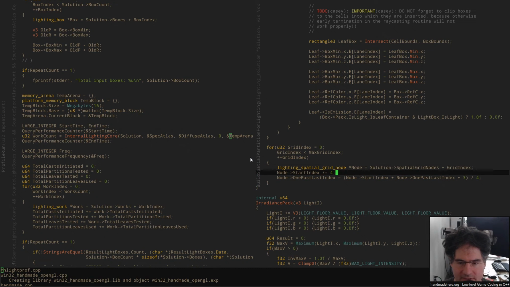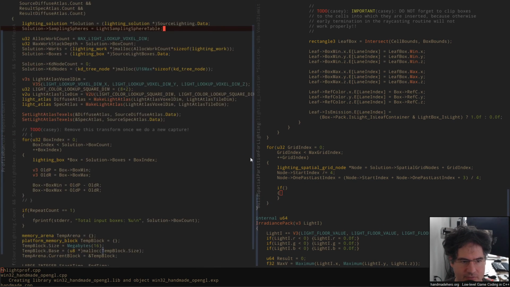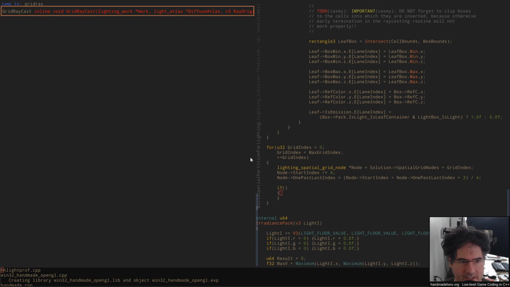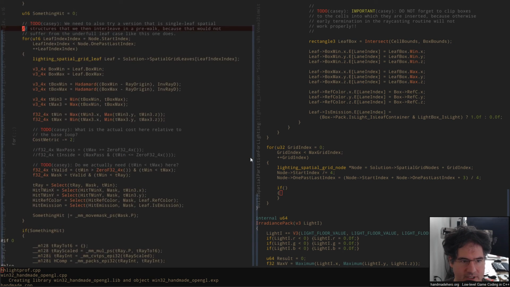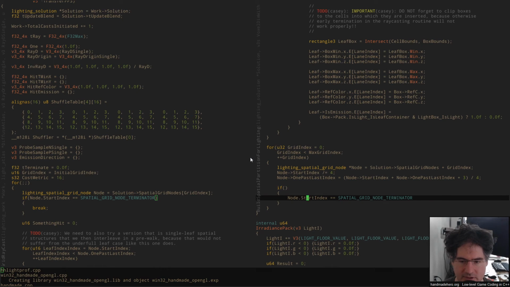So I guess what I'd do is, in here, we set this up as we normally would, and then we'd have an if, and the if would be based on how the grid raycaster is doing that check. You can see here, it looks to see whether the node start index is a spatial grid terminator, and if it is, then it doesn't proceed.